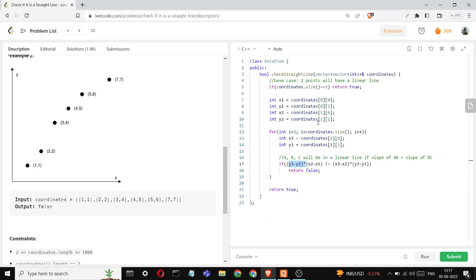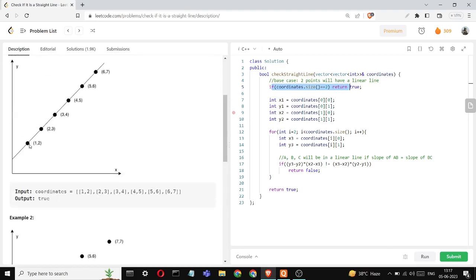So let me go through the code. This is the same as I told, this is the base case. If we have only 2 points, we can always draw a linear line with them. Then we are extracting these 2 points as a and b, so the coordinates x1 y1 and x2 y2. Then we do a loop, checking from the third point to the last point.